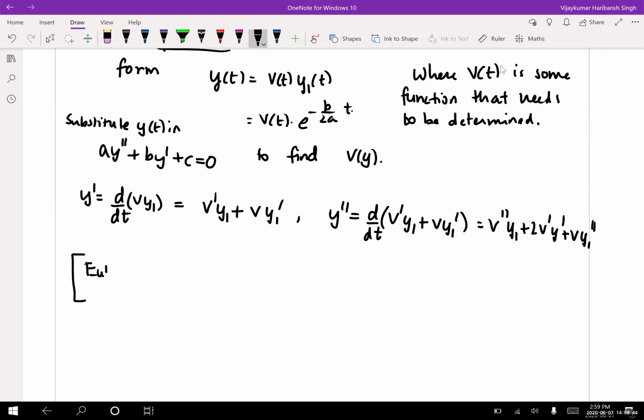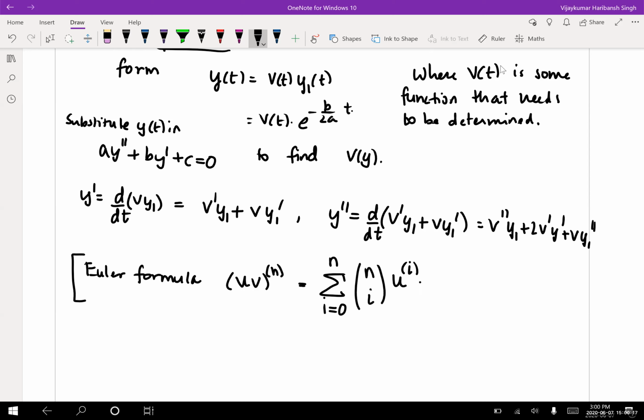For the nth derivative of a product uv, this is going to be the summation, i from 0 to n, of n choose i times the ith derivative of u times the (n - i)th derivative of v.